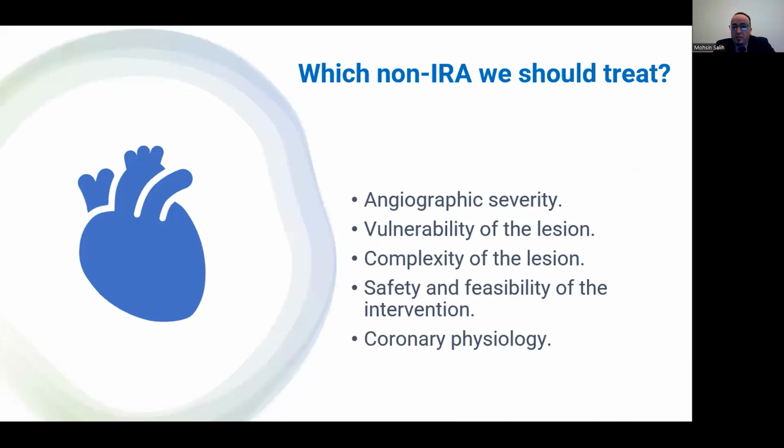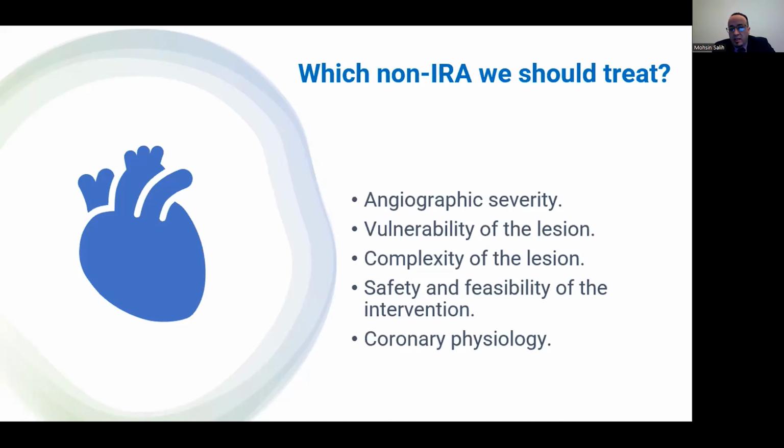So then the next question was which culprit lesion we should treat. Do we need to depend on the angiography, looking for vulnerable plaque based on the angiogram, irregularity, ulceration, haziness, or should we treat the simple lesion, the complex lesion?